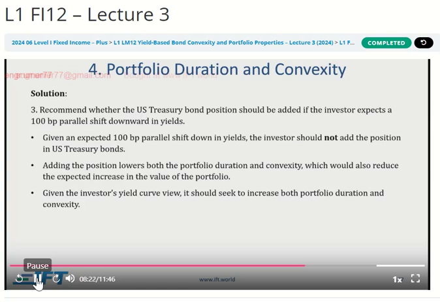If interest rates are expected to go down, your bond prices will go up. Because of a lower duration and a lower convexity, you would not gain that much. If you had not added the US treasuries, your duration would have been higher, your convexity would have been higher, and your portfolio value would have gone up a lot more.